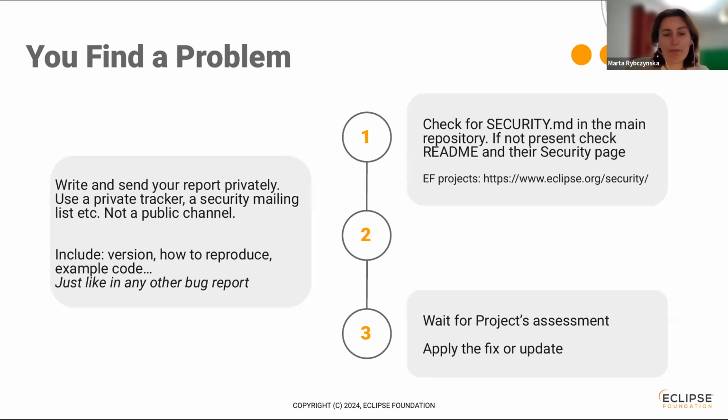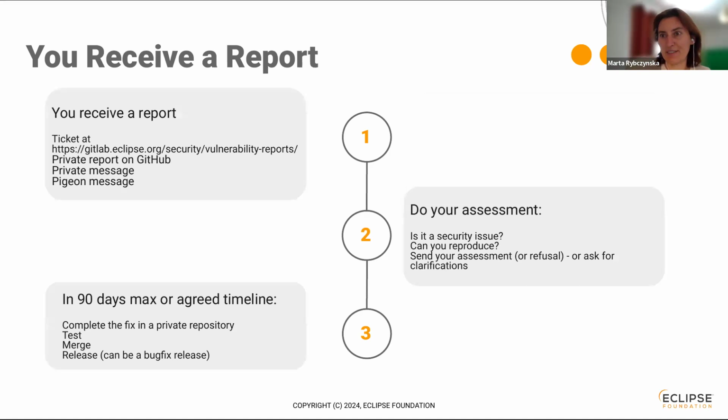Now, what happens when you are on the other side, when you receive the report? You may get it by a ticket in the vulnerability reports. You may get it through a GitHub private report, a private email, which still happens from time to time, a pigeon message, anything can happen.